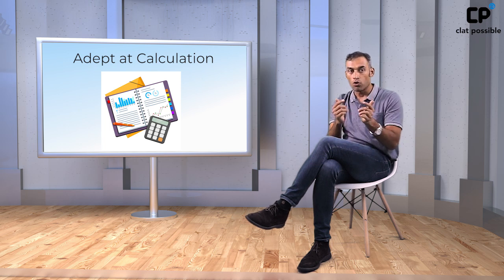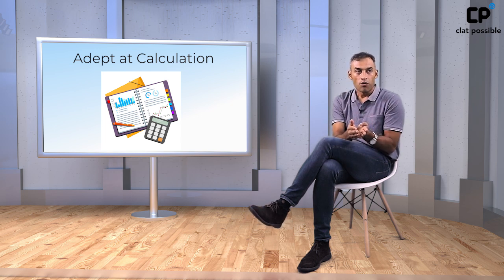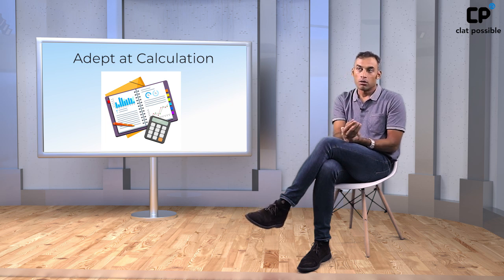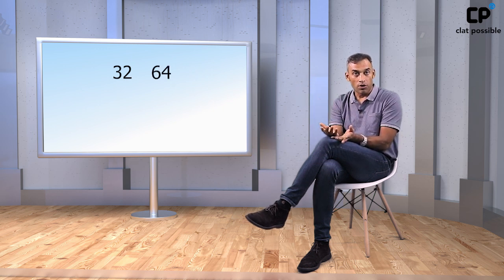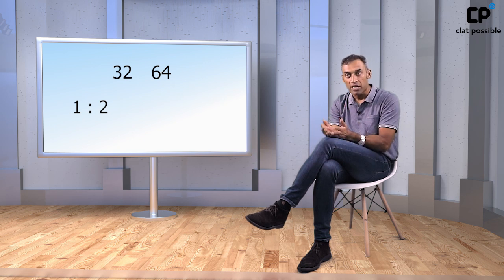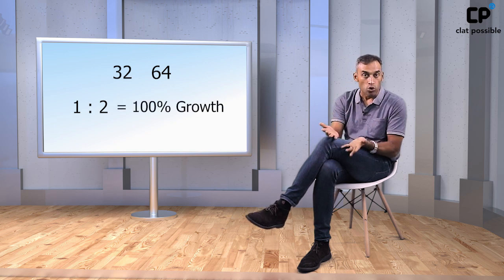Now, to put it in very simple words, if there is a growth percentage that we need to calculate for a number, like from 32, something has grown to, let's say, 64, I do not have to do 64 minus 32 upon 32. We can just see the number has doubled. So in terms of ratio, it is a 1:2 ratio, and a 1:2 ratio means a 100% growth.